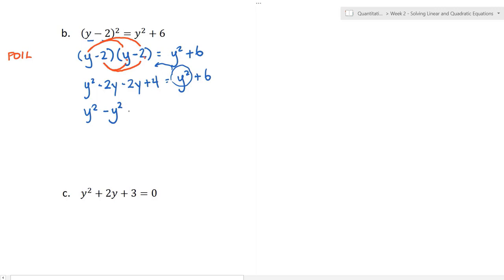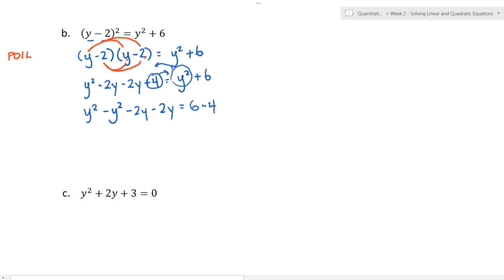Then I have minus 2y, minus 2y. I didn't move any of them from one side of the equals to the other side, so that's why I'm not changing the signs. Equals, I'm leaving the 6 where it is, and then I'm going to move the 4 to the other side. It used to be a plus 4, now it's a minus 4.